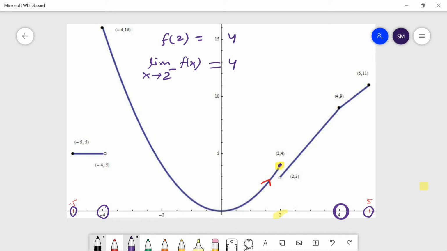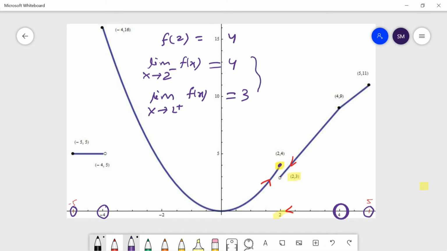And the right hand limit of f of x. So this curve is coming to 3. So therefore the limit is 3.